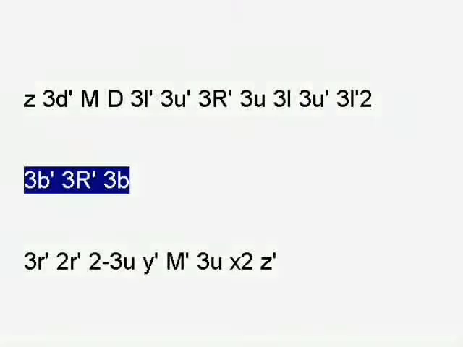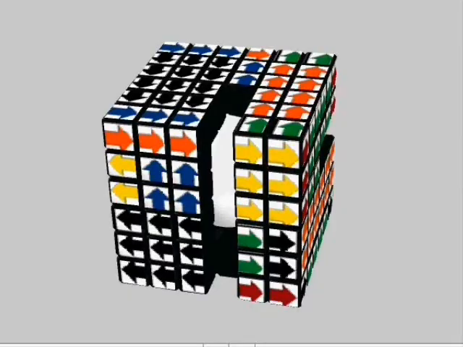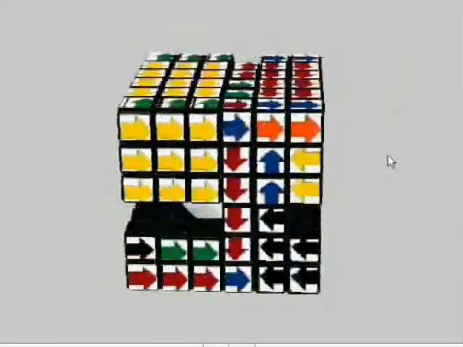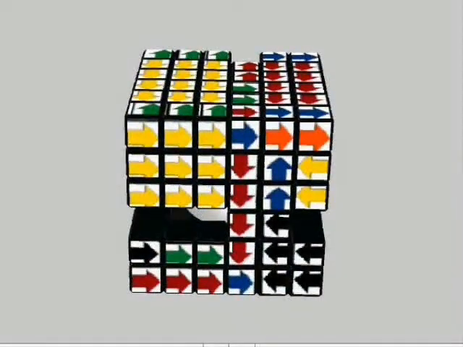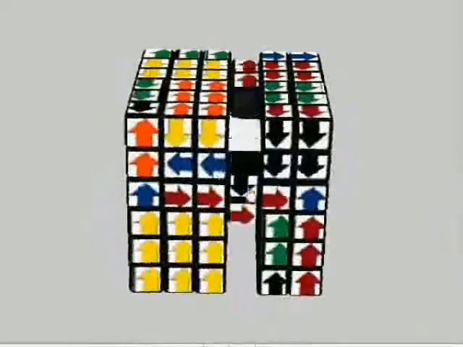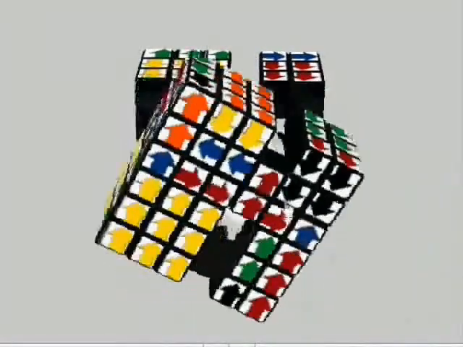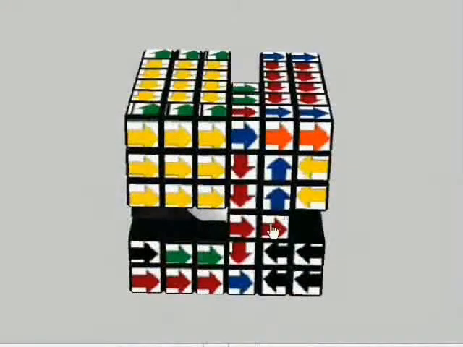In our case it was 3b prime 3r prime 3b. And that was true, as I've shown you many times, because when we execute that, this piece right here, which should have been red, is replaced by red by the algorithm piece without any interference whatsoever.